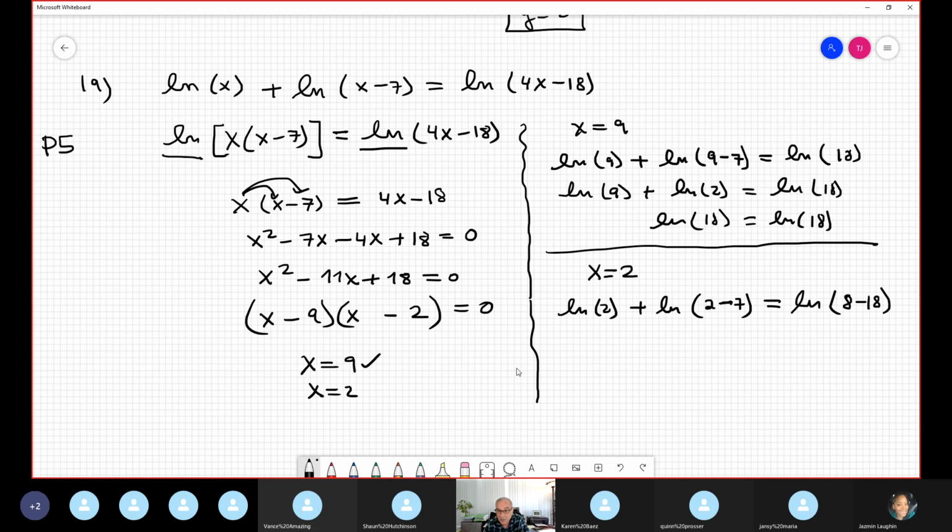Immediately you see logarithm of 2 is okay, but this is logarithm of negative 5. This is wrong. It's equal to logarithm of negative 10. Immediately you see logarithm of a negative number is totally undefined, and the solution is not good. The only solution is 9, which is option A.